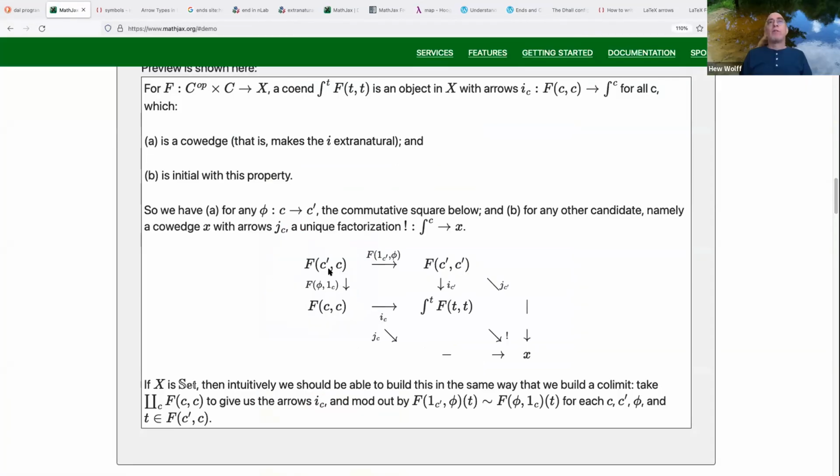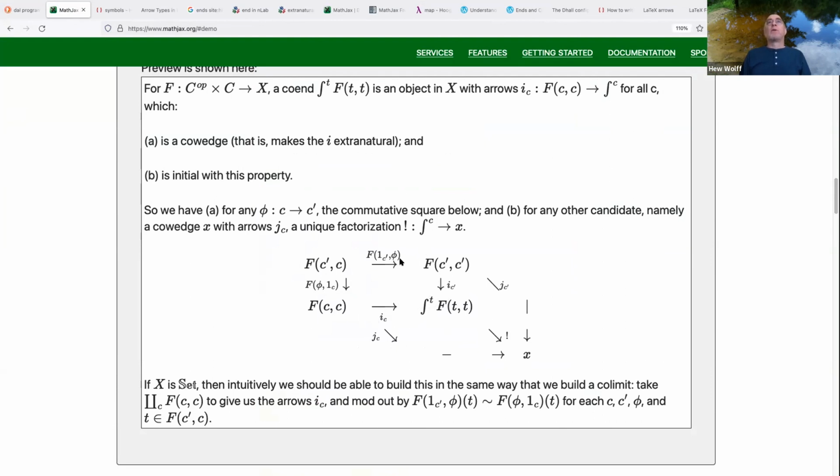Anyway, let me just finish this brouhaha. So this has to be satisfied, and that makes the integral together with these i maps a co-wedge. That's what it says for this to commute for all phi.